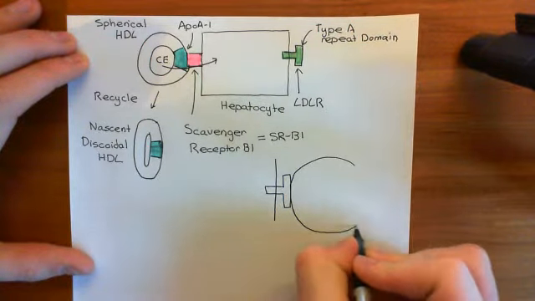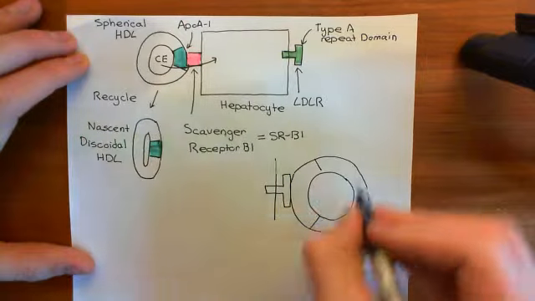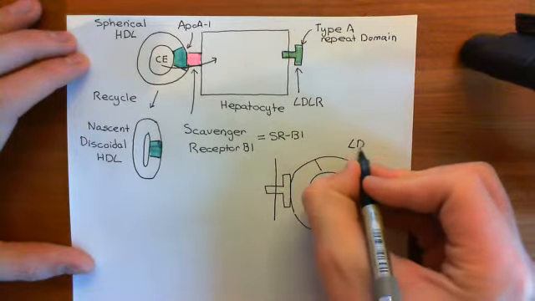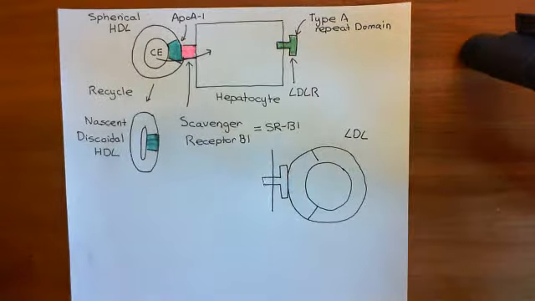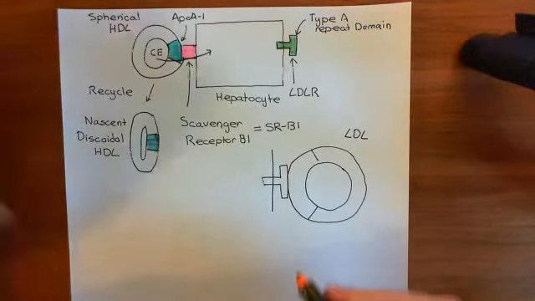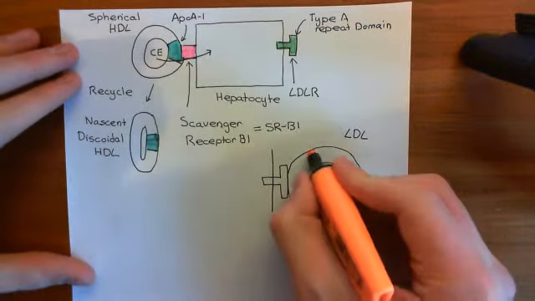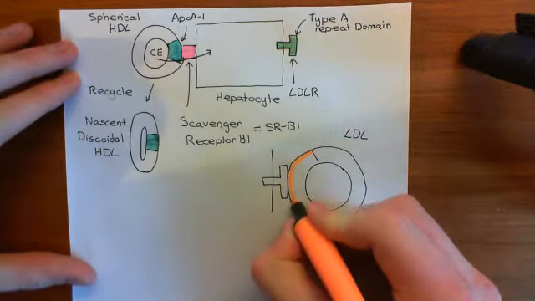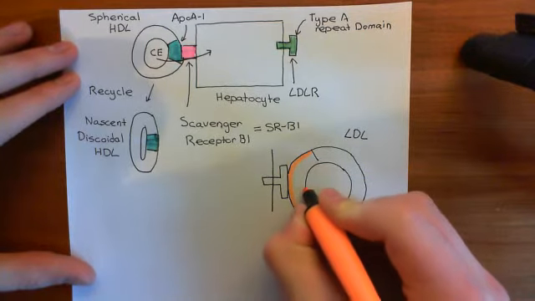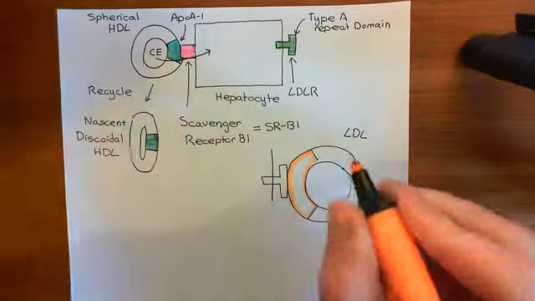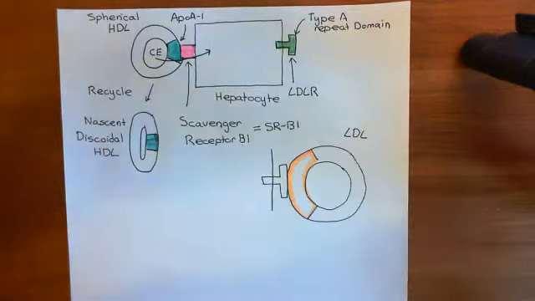And then we've got our large apolipoprotein B100 in the phospholipid monolayer, and this is the structure which will bind to the type A repeat domain of the LDL receptor. Okay, so here in orange, this represents the apolipoprotein B100. So this is apo B100.